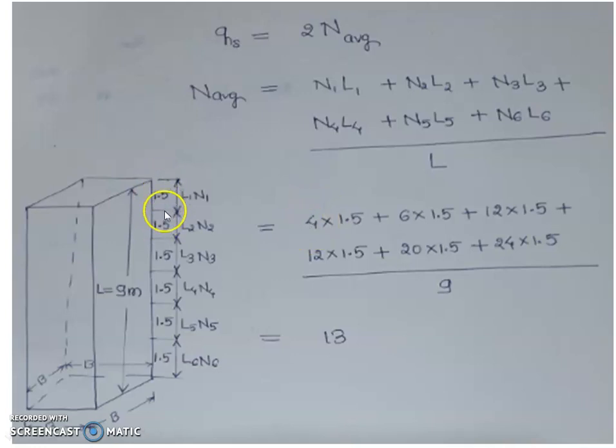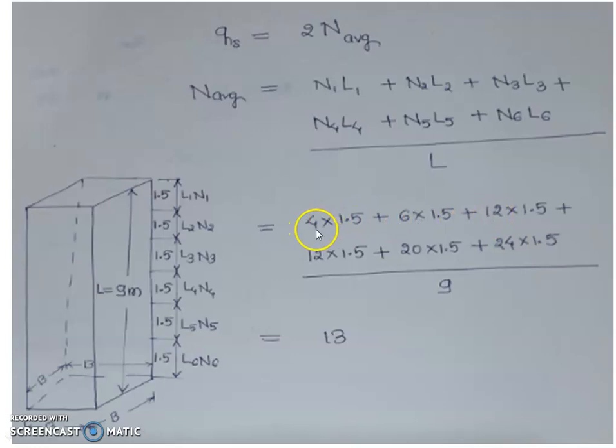So 4 is N value for length 1.5. So it is 4 into 1.5. Then for next 1.5 meter from top, the value of N2 is 6. Then for next 1.5 meter length, the value of N3 is 12.